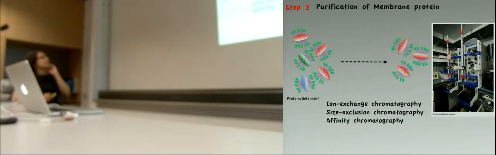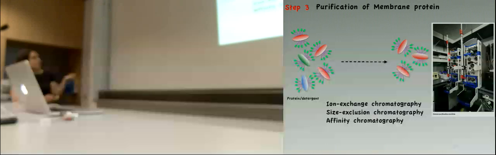So the third step is the purification, because you extract your membrane protein from the membrane, and this membrane has some other proteins too. So you have to get rid of the other proteins, and this is the purification step.